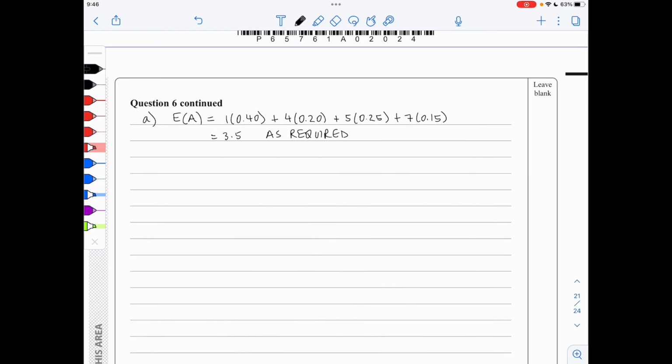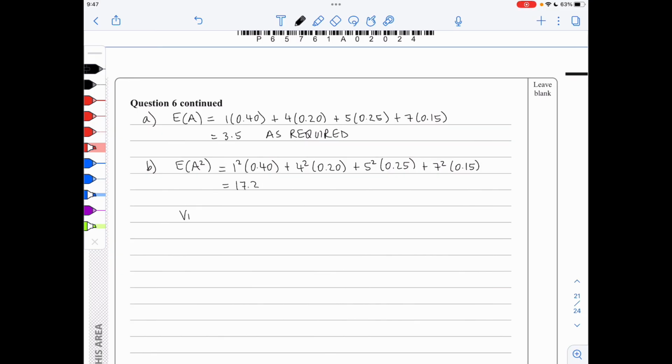In part B, we need to find the variance of A. So to do that, I will start by finding the expectation of A squared. So I take the value squared times the associated probability. So it's going to be 1 squared times 0.40 plus 4 squared times 0.20 plus 5 squared times 0.25 plus 7 squared times 0.15, which gives an answer of 17.2.